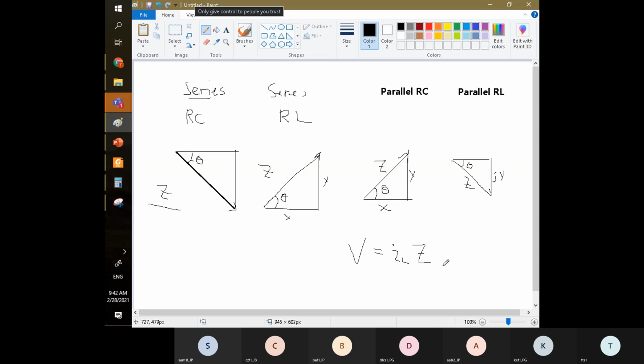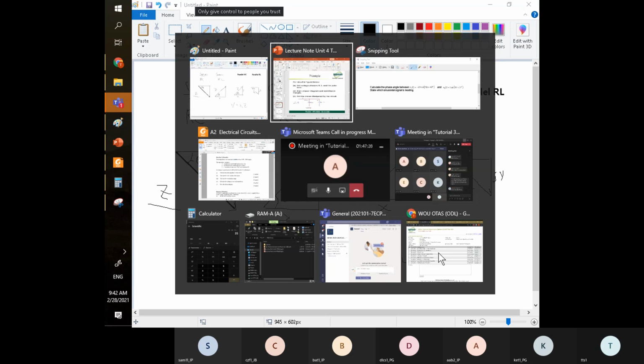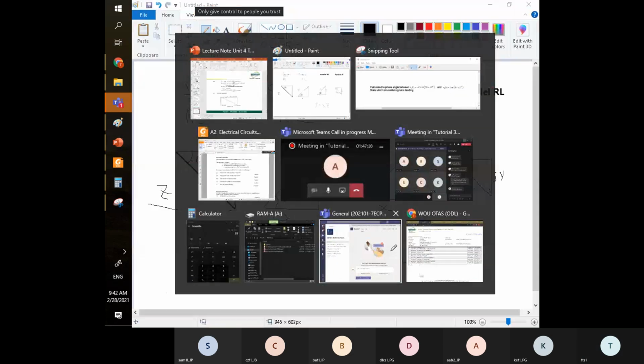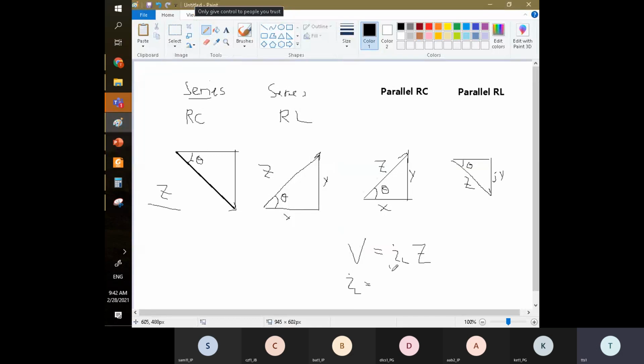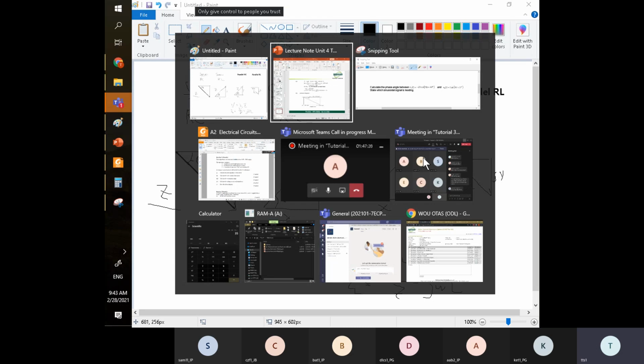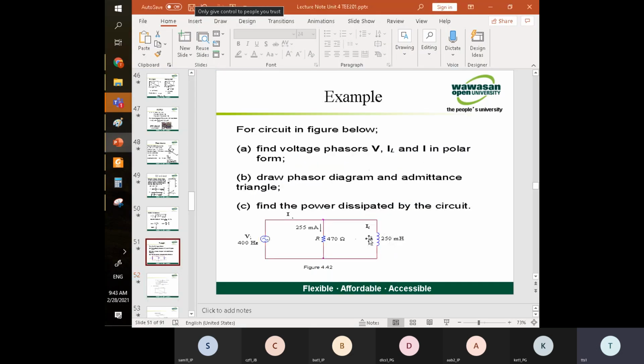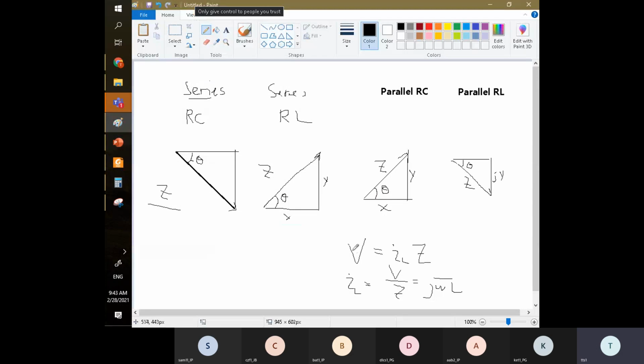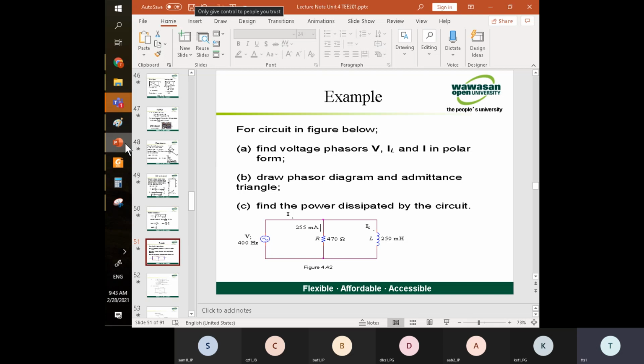So IL is equal to V over Z. The reactance, so Z is equal to J omega L for this L. Just using Ohm's law, V equals IR, you just treat the Z as an R. Actually, Z is this reactance, right?